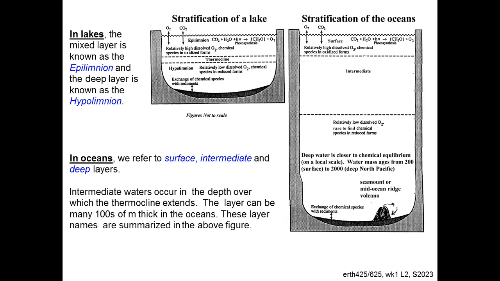The vast majority of photosynthesis happens in the epilimnion, whereas the vast majority of respiration in bodies of water happens in the hypolimnion, or the intermediate and deep waters for the ocean. This means in those parts of the water that are isolated from exchange with the atmosphere, we have the ability to consume oxygen and produce carbon dioxide. This makes the water conditions change characteristics very dramatically.